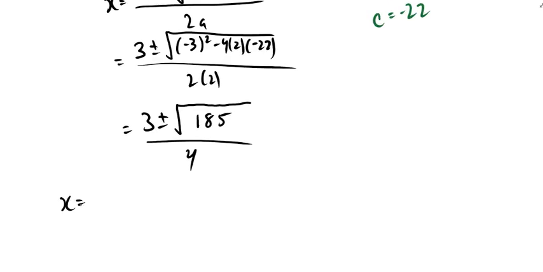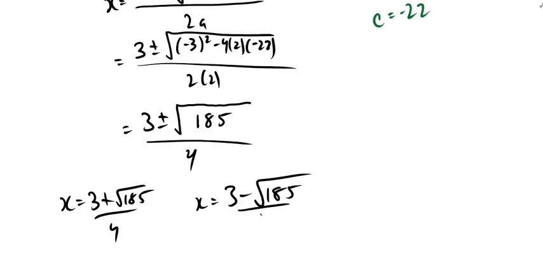So we get x equals 3 plus root 185 over 4, and x equals 3 minus root 185 over 4.